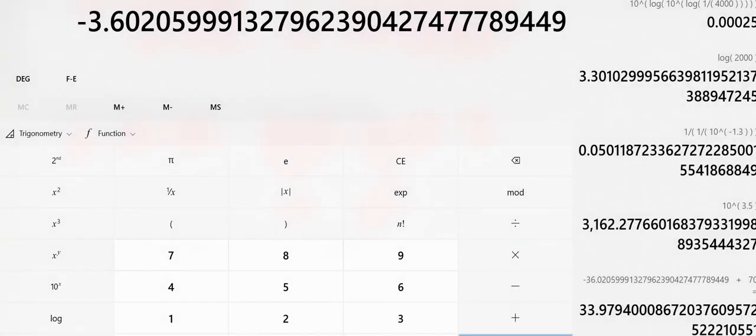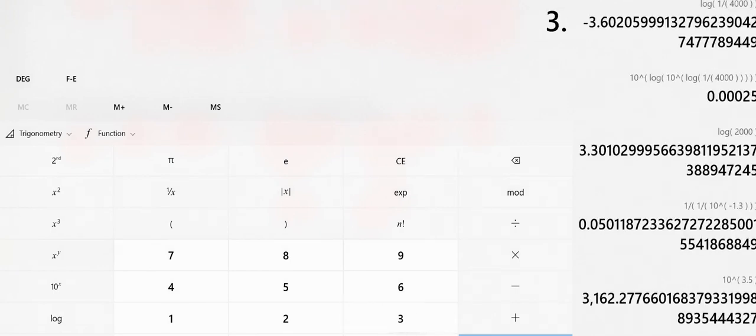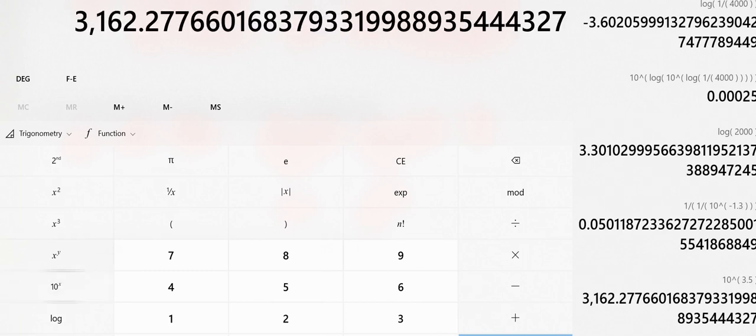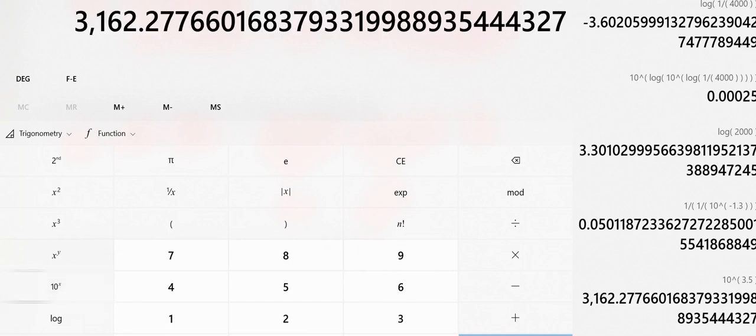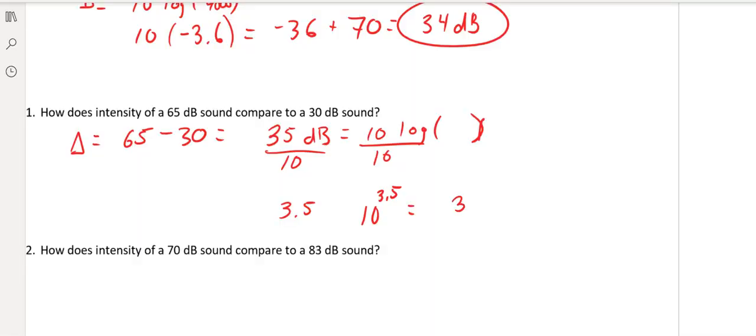Now, I'm not so good at that in my head, but if I put in 3.5, and now I use the 10 to the X button, when I do that, I get 3,162. Just keep in mind, the 10 to the X button and the log button undo each other. So if I take the log of this, I get 3.5. If I take 10 to that power, I get 3,162. So this is going to be 3,162 times greater. That's how much louder it is.